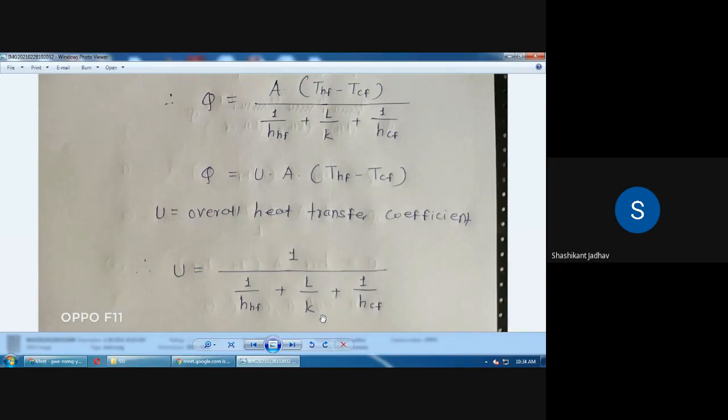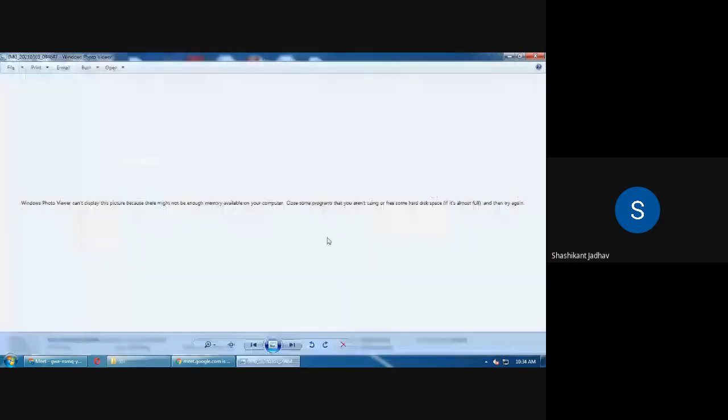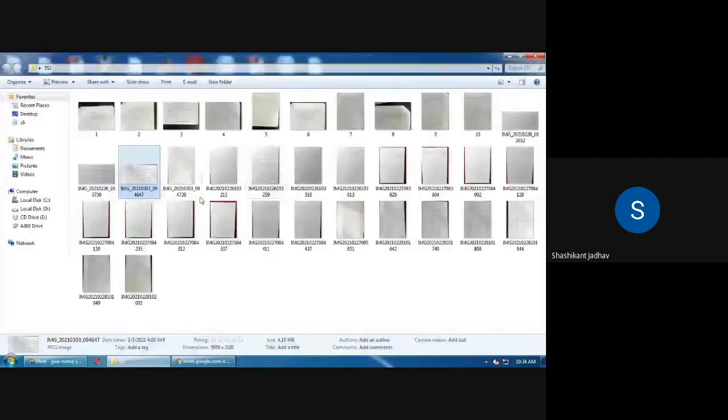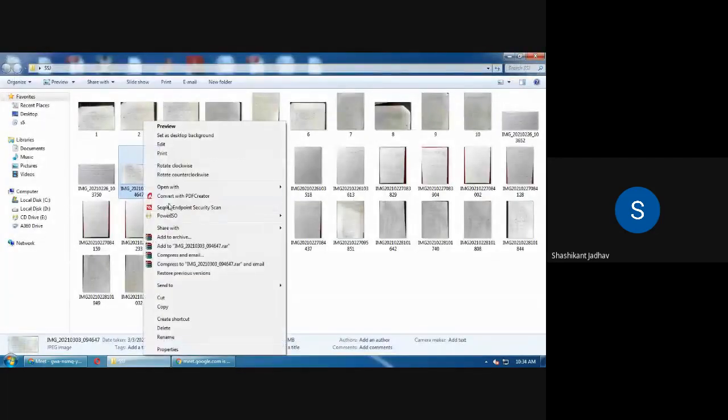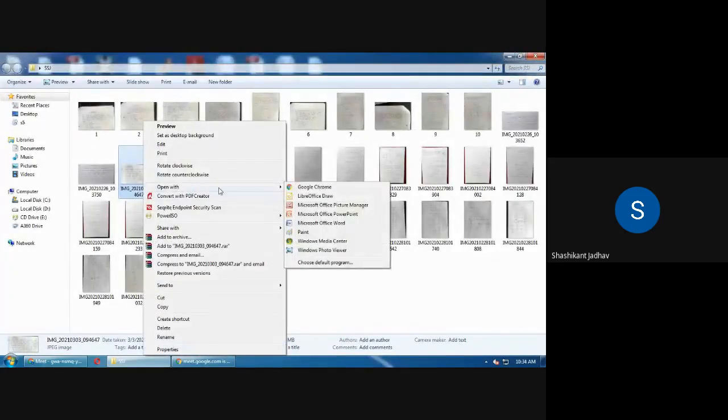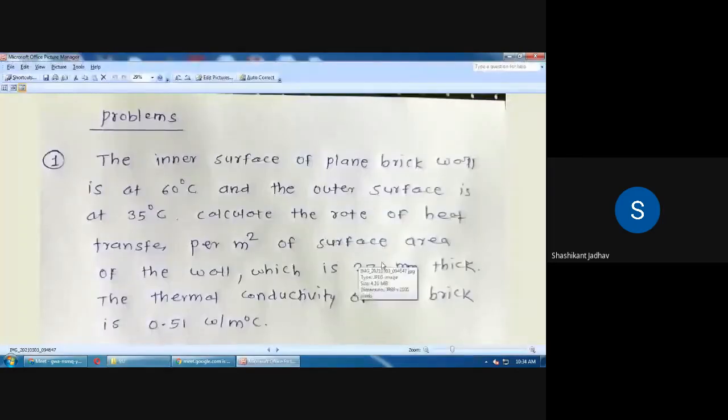Okay, so write down the first problem, which is simple and based on heat conduction through the plane wall. In the first concept, Fourier's law of heat conduction, we solved the same type of problem, but for the plane wall we take one simple problem.